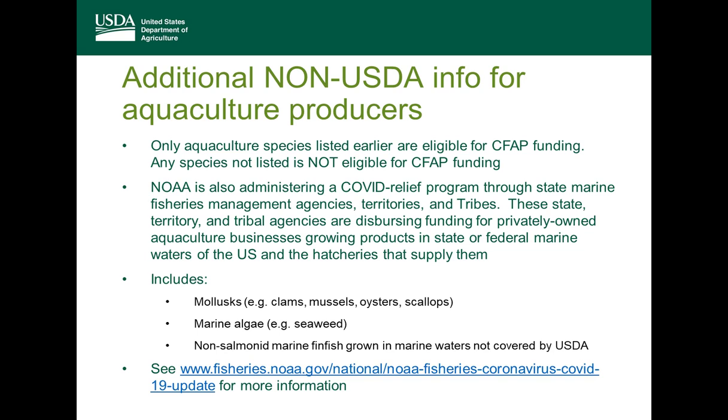So through state marine fisheries managements, territories, and tribes, these state, territorial, and tribal agencies are dispersing funding for privately owned aquaculture businesses growing products in state or federal marine waters of the U.S. and the hatcheries that supply them.